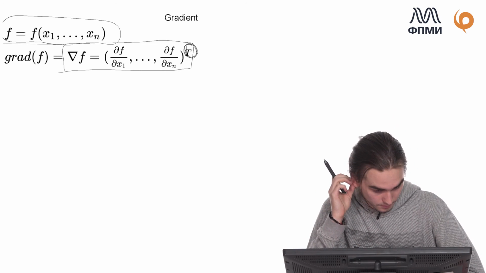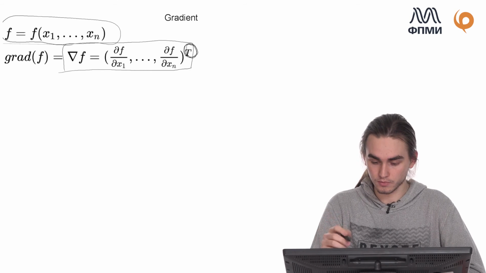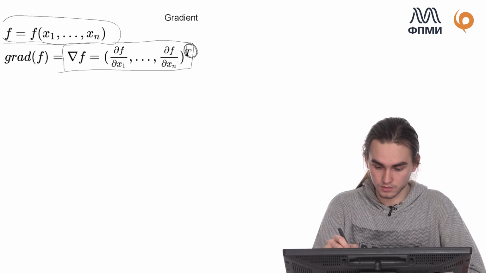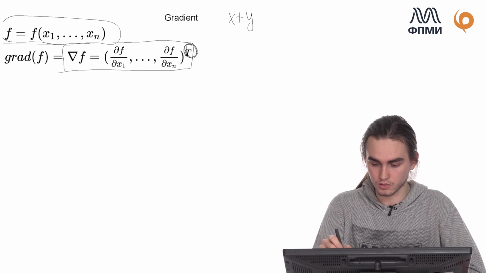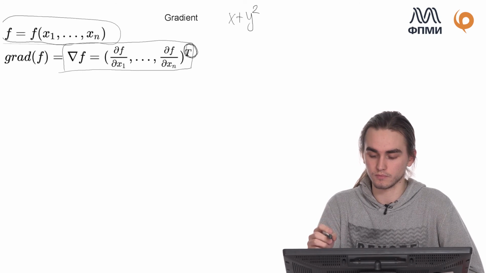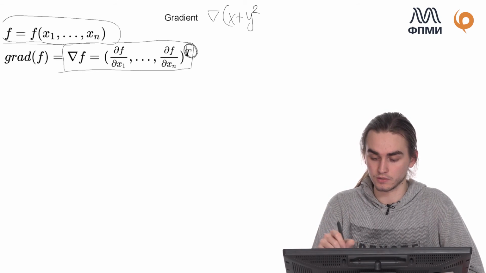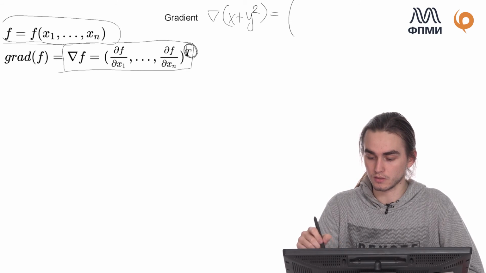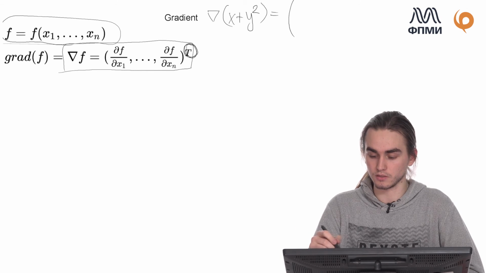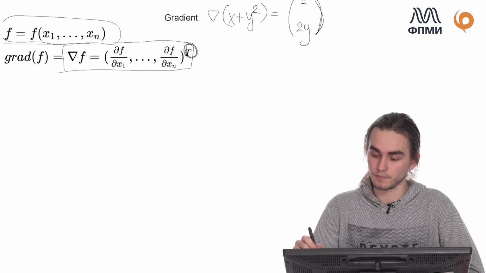So for example, take x plus x squared, like what is their gradient? Basically, in the beginning you're differentiating by x, considering y is a constant, so it's 1, and then by y, considering x is a constant. So this is a gradient.